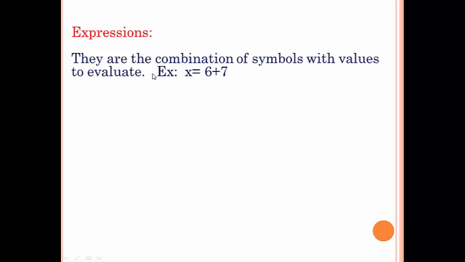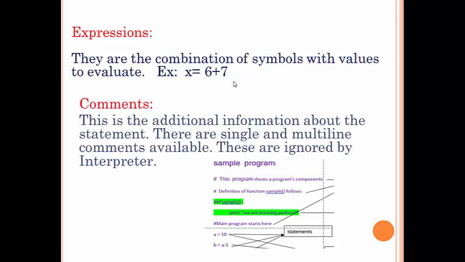Here, expressions are the combination of symbols with values to evaluate, as I told you, to get some work done. For example, here x is equal to 6 plus 7. So this is an expression. Now next is comment, which we have already covered.